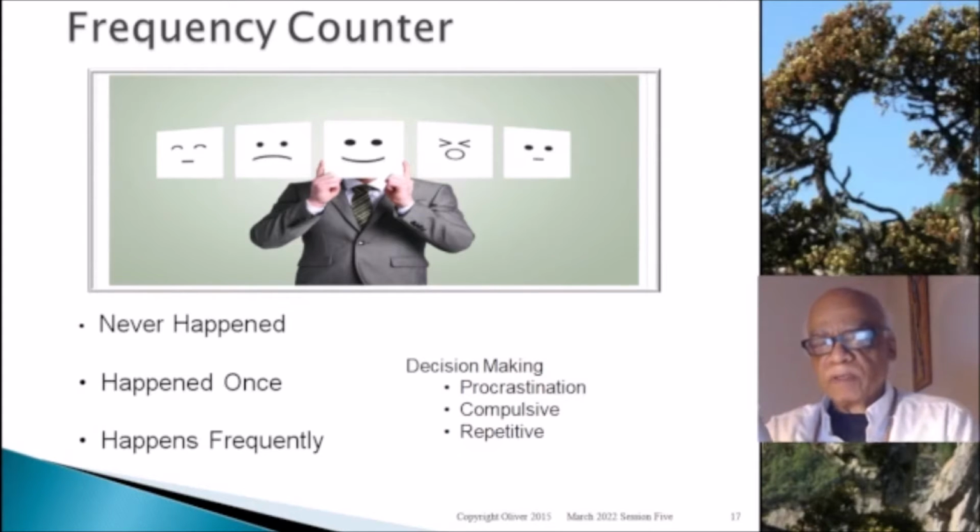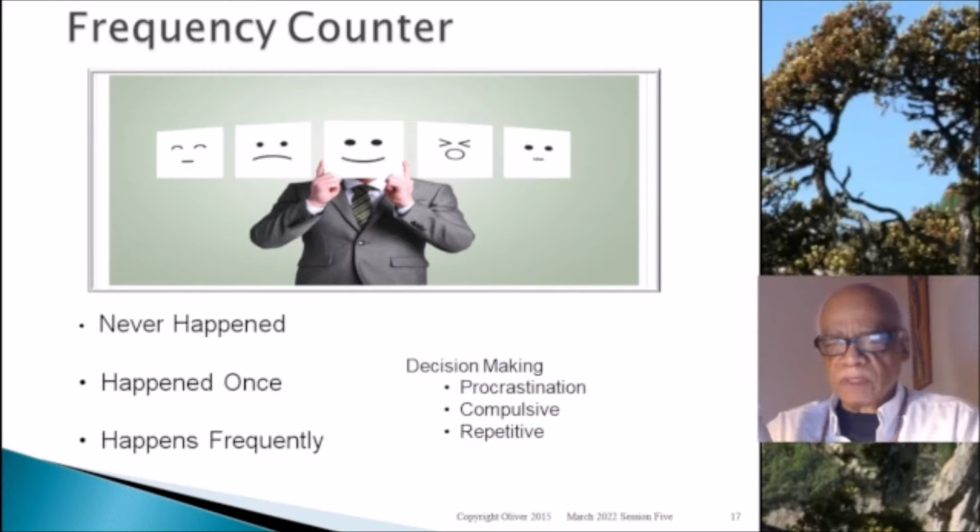People who are heavily triggered by the frequency counter of 0 may become very, very evasive and very nervous when being asked to do something that they've never done. So this frequency counter is just something to be observed, because it tends to radiate, just like with the direction filter, all right? The way you view the never happened once, or happened frequently, can affect the way you deal with larger aspects of your life.